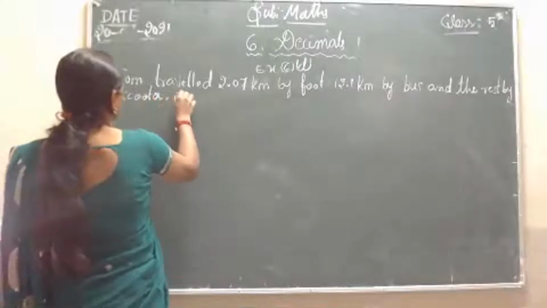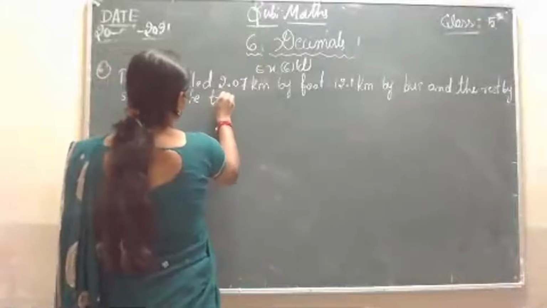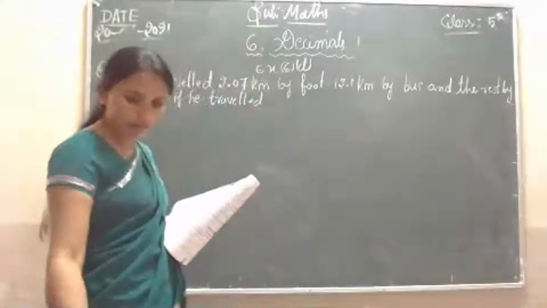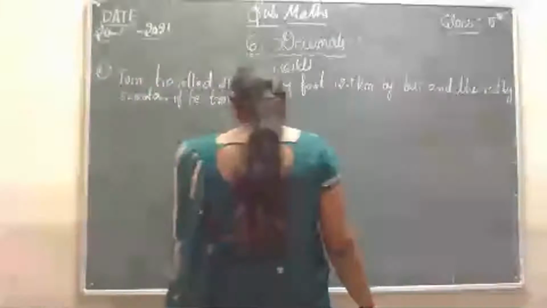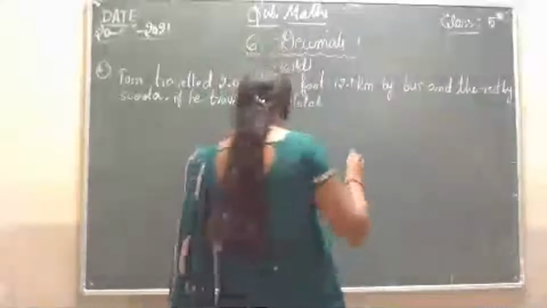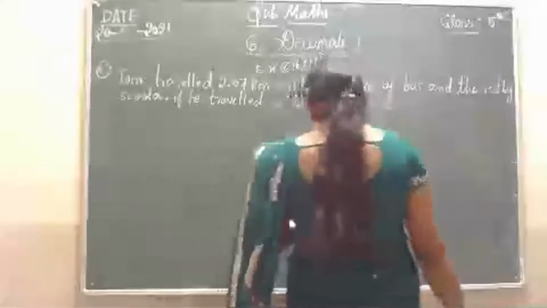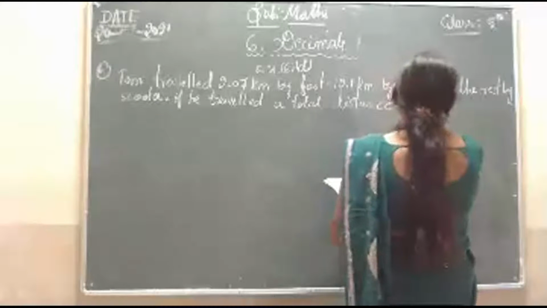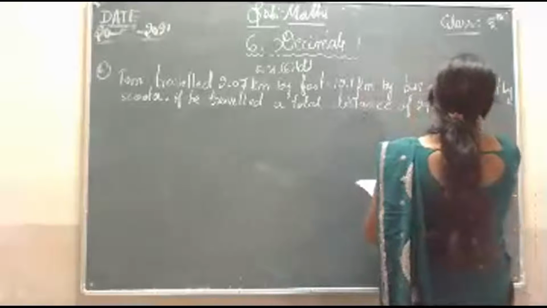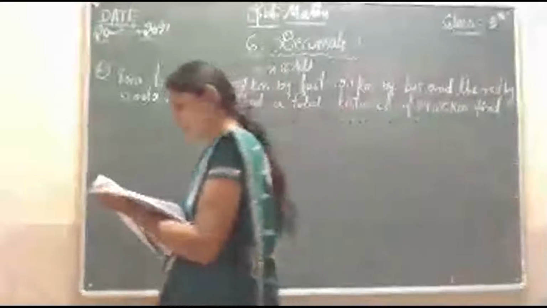If he traveled a total distance of 29.05 kilometer, find the distance covered by scooter.